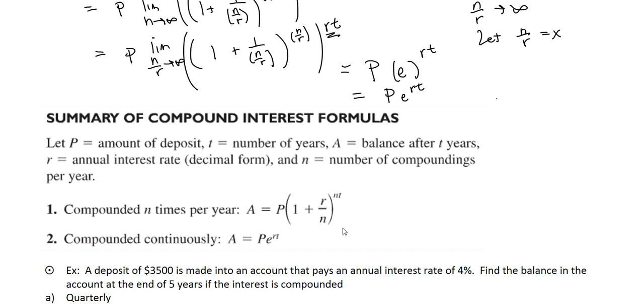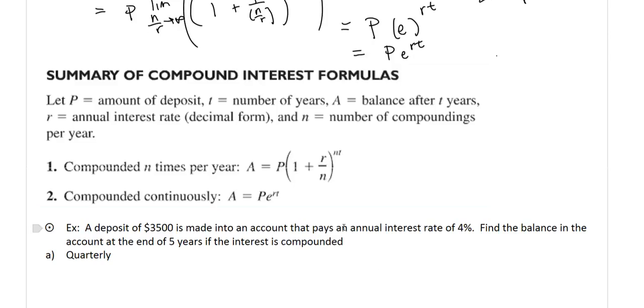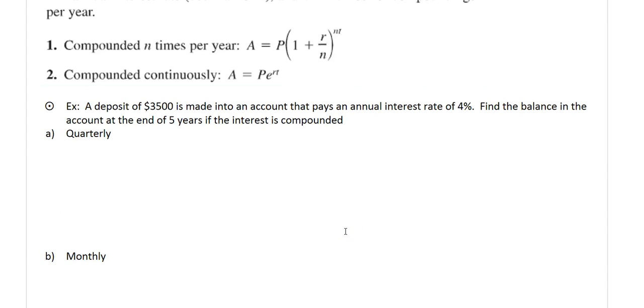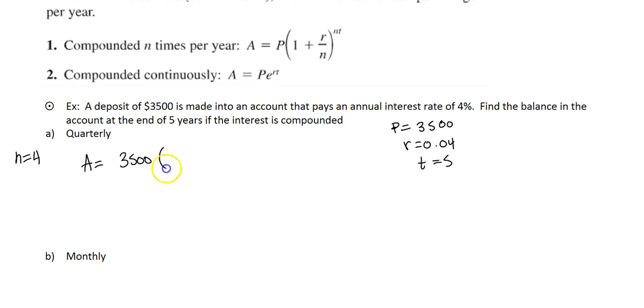Just to show you how the number of compoundings per year can change a problem, we have a deposit of $3,500 paying an annual interest rate of 4%. So we have P equals 3,500, R equals 0.04, and T equals 5, and in this case N is going to be 4. So A would be 3,500 times (1 plus 0.04 divided by 4) to the 4 times 5.